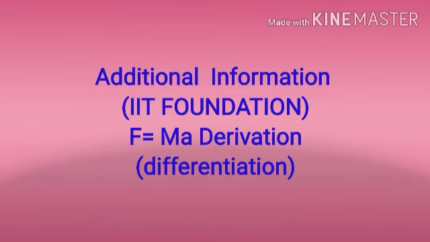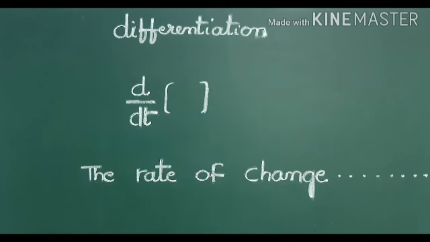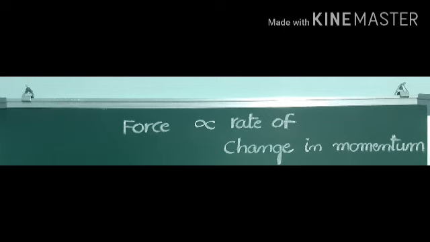Now, additional information: F equal to ma, I am going to derive by the differentiation method, which is part of calculus. In the intermediate steps, you will observe d by dt. What is the meaning of d by dt? It is the rate of change of a physical quantity.